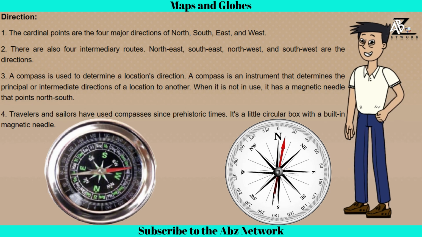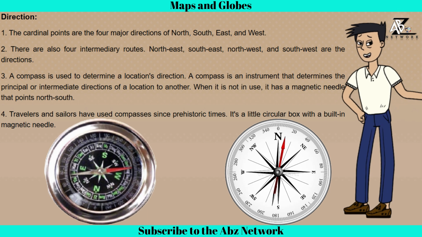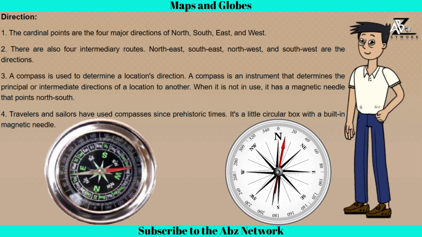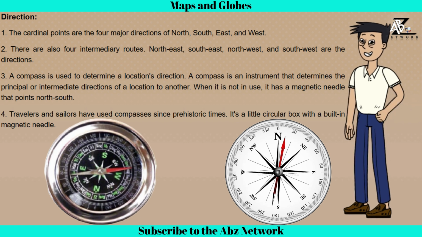Now the next component of a map is direction. First, the cardinal points are the four major directions of north, south, east, and west. Second, there are also four intermediate directions: northeast, southeast, northwest, and southwest.